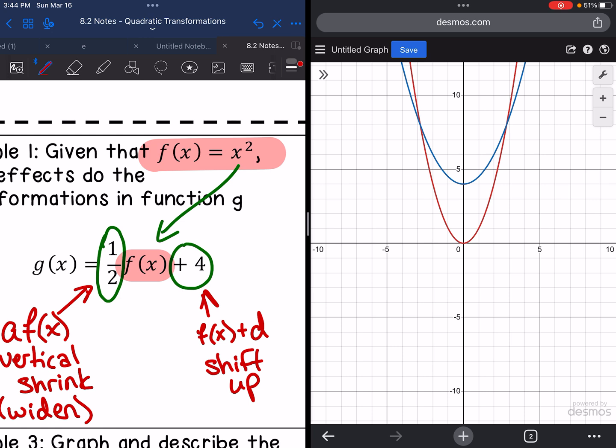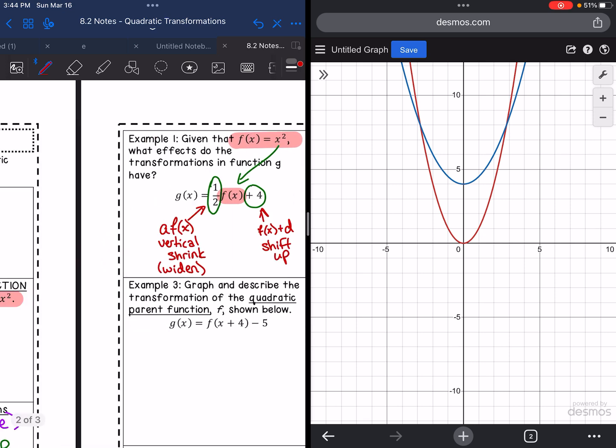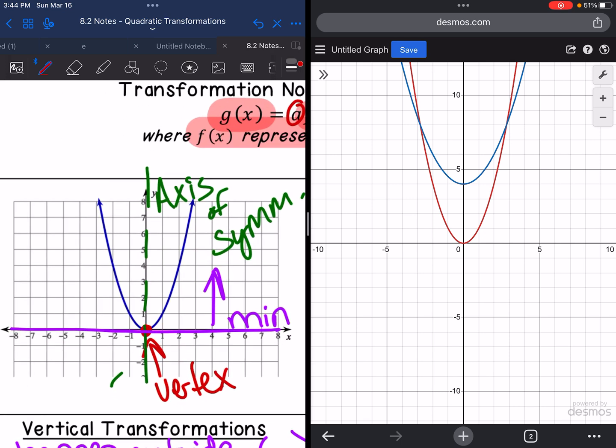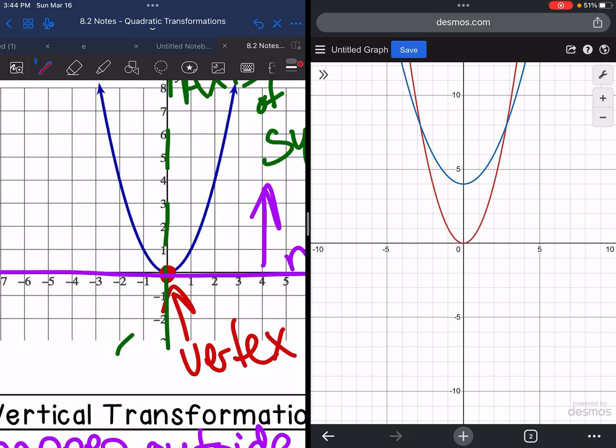And so you can tell my blue line is wider than the red line, okay? It kind of moves outside of it. We can also see from the vertex, it's not moving at the same rate as it was before. So in the parent function, which you can see here, for my vertex, I can start at the vertex and I can go up 1 over 1 and be on my graph, all right?